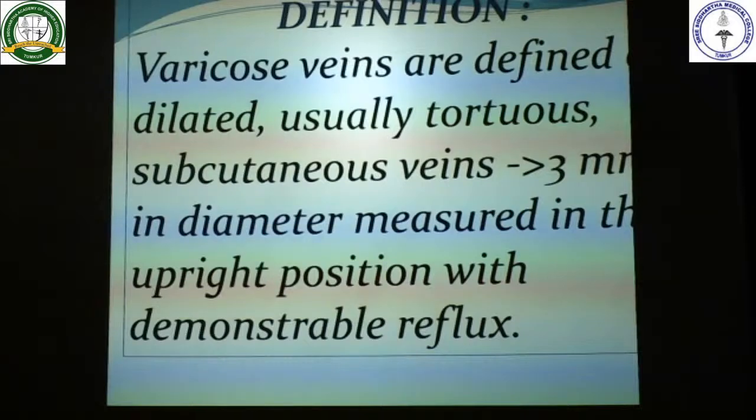You have to measure it always in standing position with, last but not the least, very important thing, demonstrable reflux. Means you have to demonstrate the reflux either by clinical or by radiological method. There should be a reflux. Then only you call it a varicose vein. It is the proper definition for varicose vein.